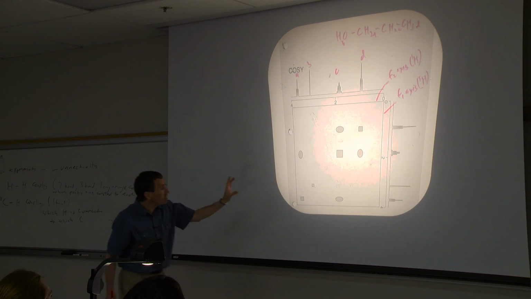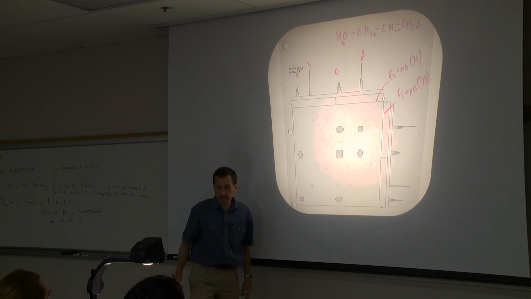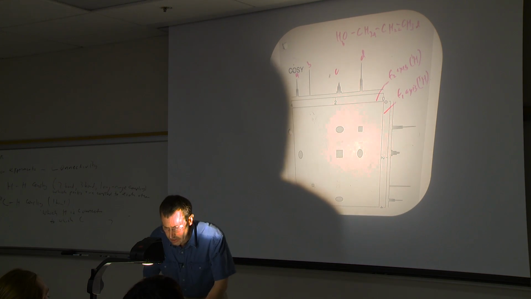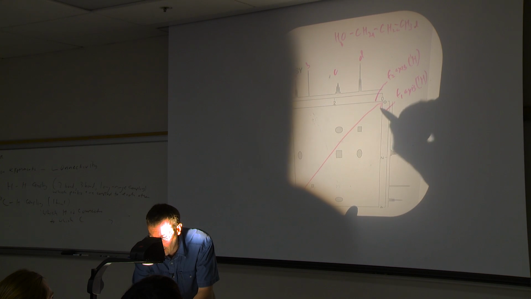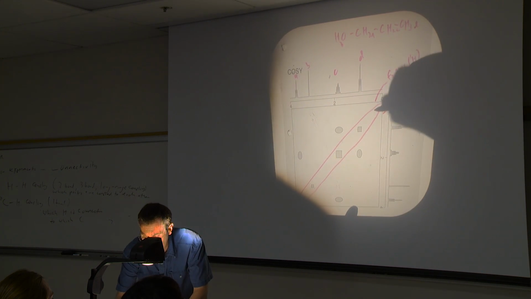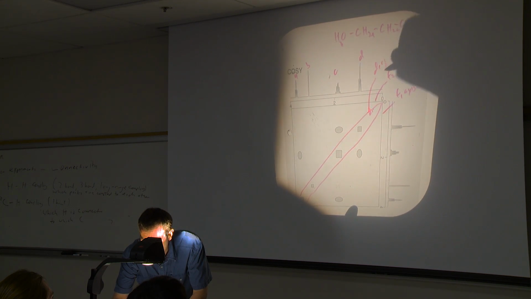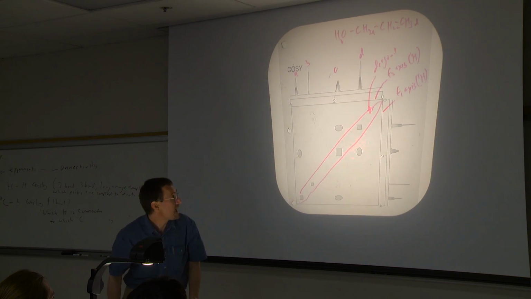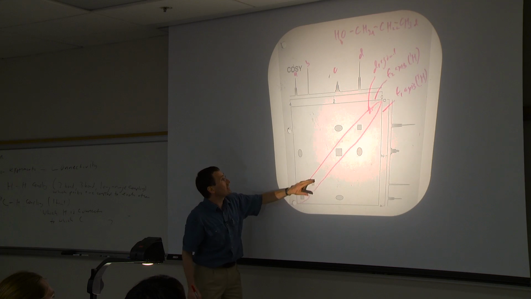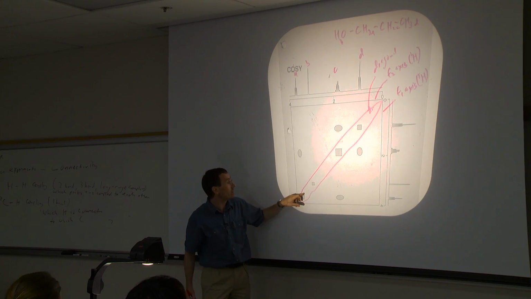Now, in the 2D NMR spectrum, I want to take us through the anatomy. So the 2D NMR spectrum in a COSY has what you call a diagonal. I'll write it up here. And the diagonal has peaks on it that basically correspond to the 1D spectrum.